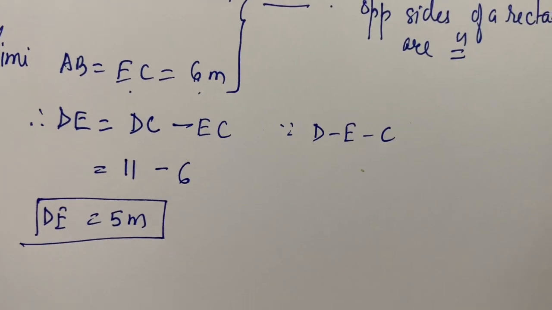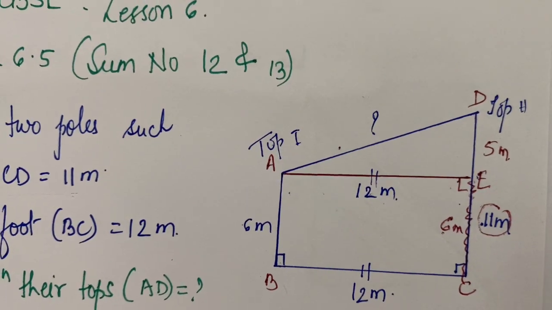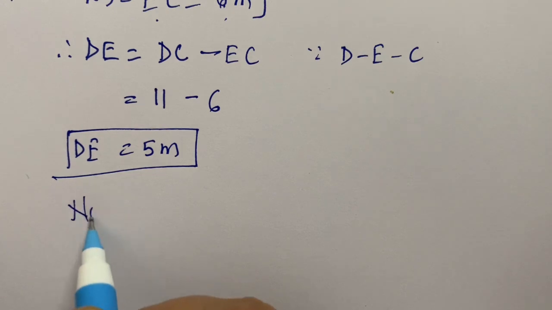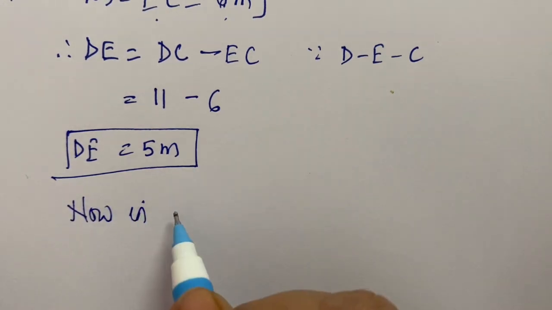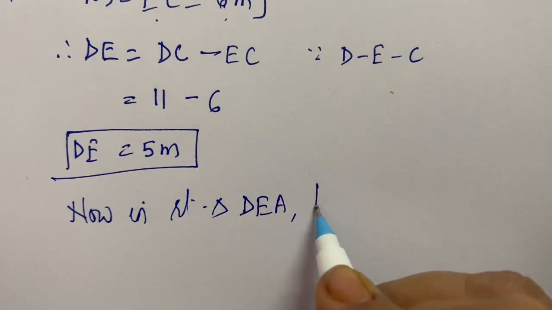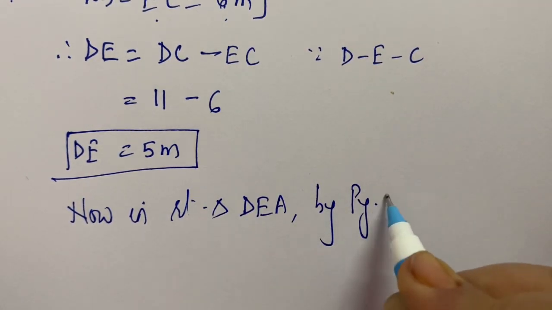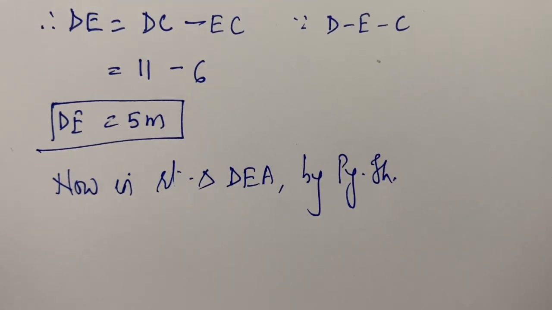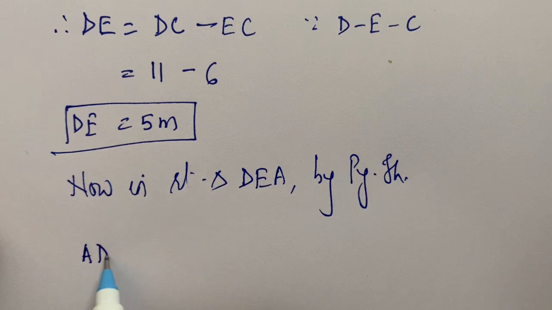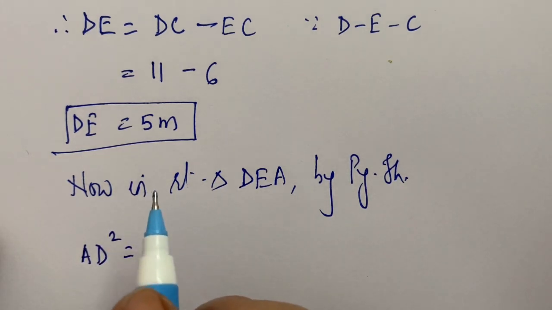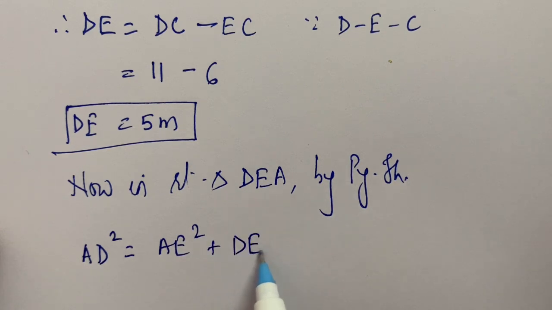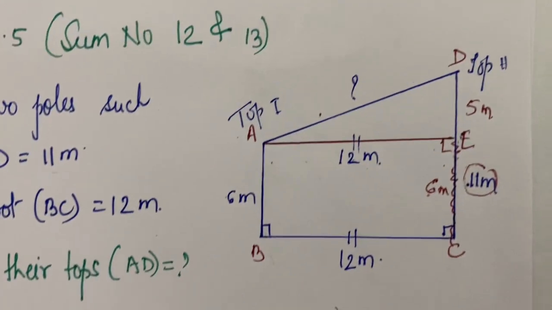Now let us apply Pythagoras theorem for right triangle DEA. Now, in right triangle DEA by Pythagoras theorem, you will get AD square is equal to AE square plus DE square. Have a look.